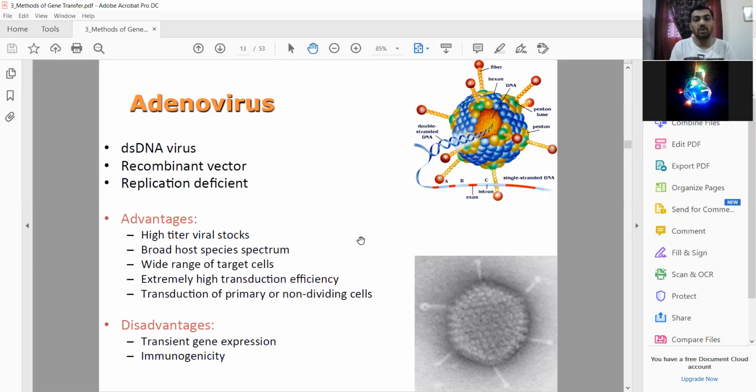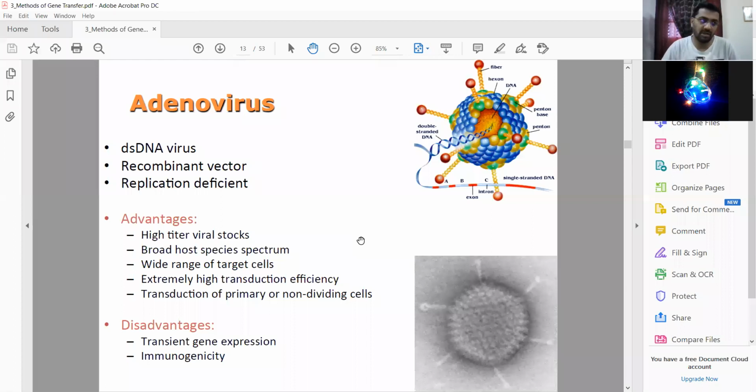The biggest two disadvantages are that these adenoviruses don't have a stable gene expression, rather they have a transient gene expression. The simple reason is that after transduction, the viruses are not successful in integrating the plasmid DNA into the nuclear DNA. So that's why they have a transient gene expression. The other disadvantage is immunogenicity, due to their somewhat larger size.